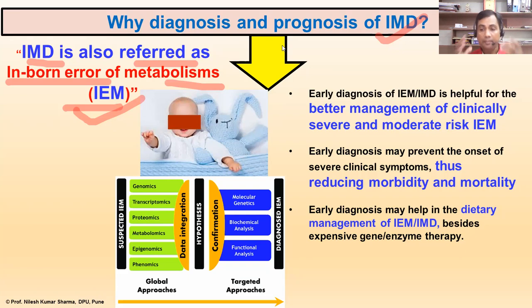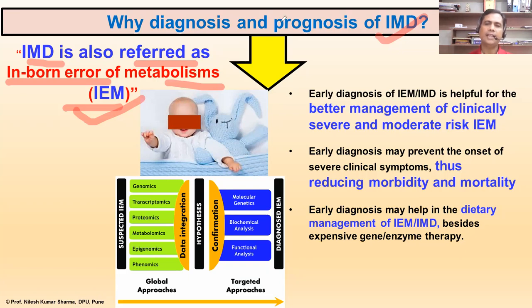The need is the management of IMD, and mostly these IEM and IMD start clinically developing from the newborn stage till the adulthood stage, you can say. Some of the IEM or IMD are reflected at an early stage, and some take a little bit of time before clinical symptoms are detected.